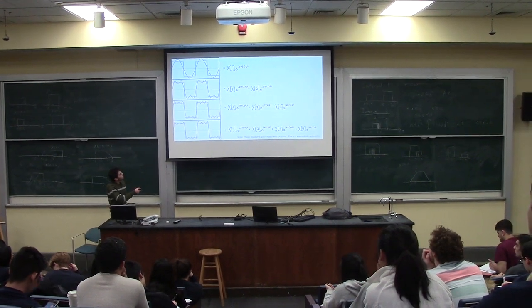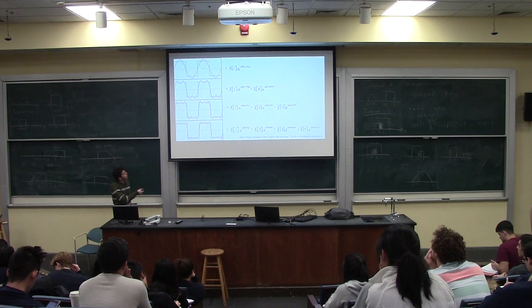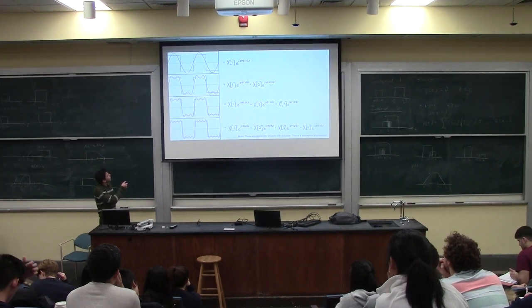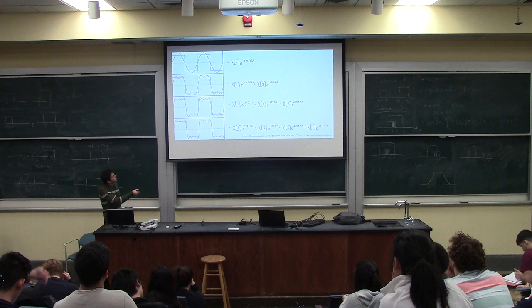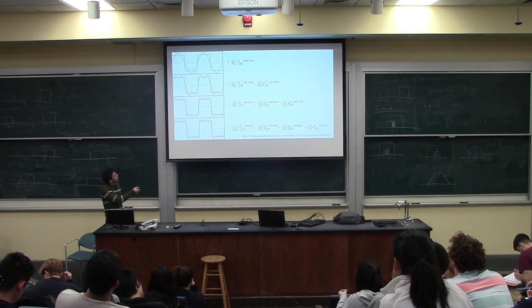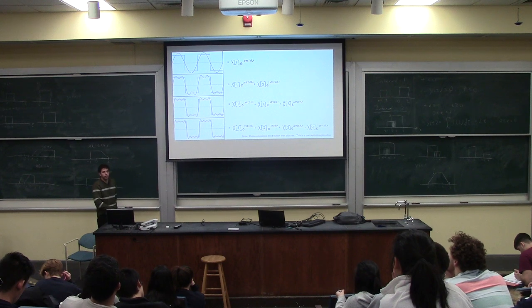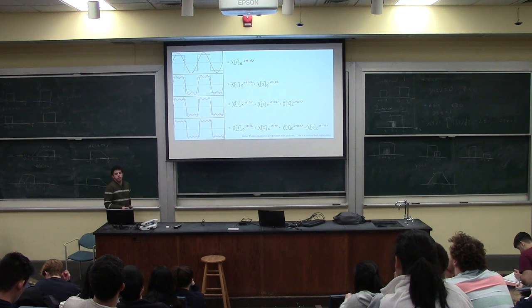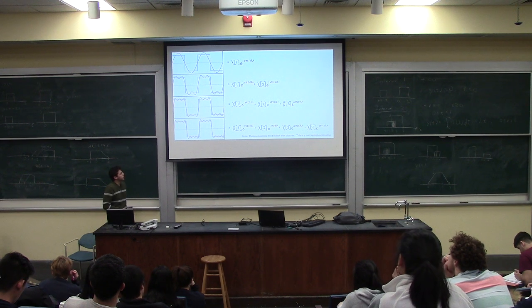If we use another one at double the frequency, it gets a little closer. If we use another one and add that to it, it gets a little closer, and so on. So you can imagine if we keep on doing this to infinity, we would eventually get the square signal. So that is Fourier series.